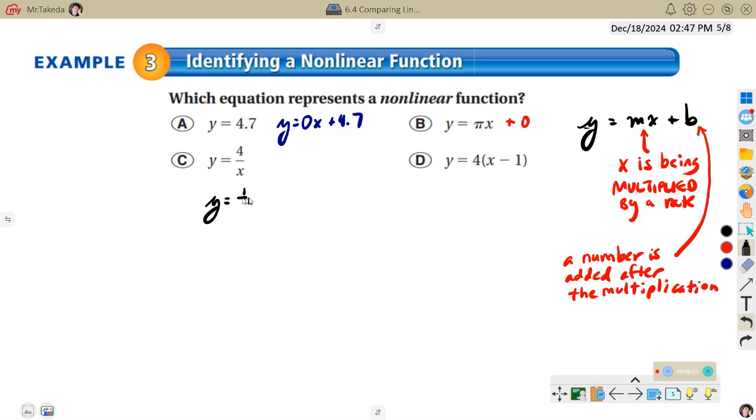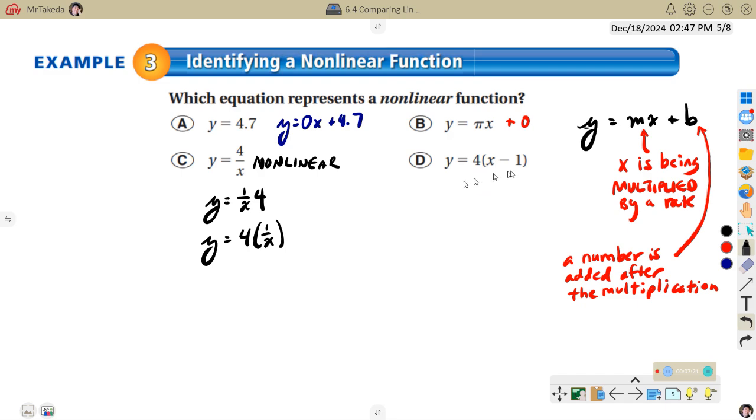I could think of this as this, or maybe something like that. But it's not 4 times x. This is 4 divided by x. This one is not linear, or nonlinear, to use the proper verbiage here. This is nonlinear.